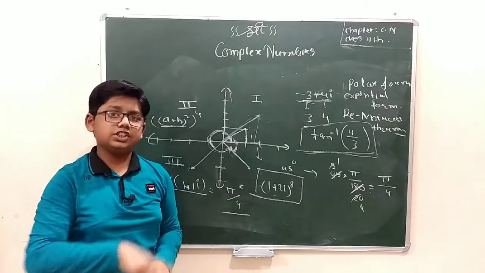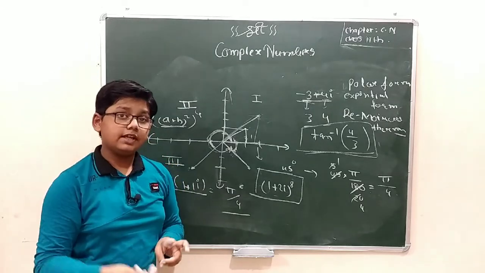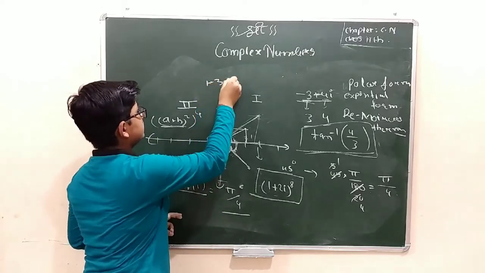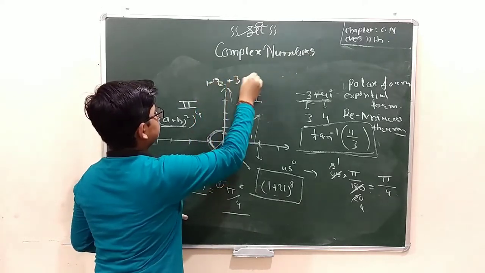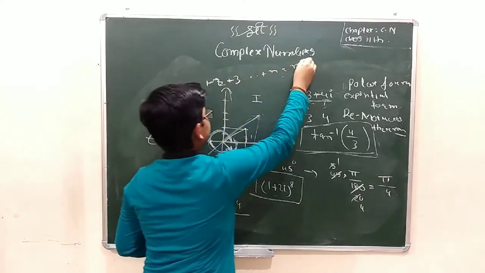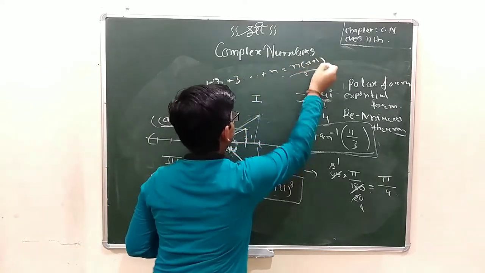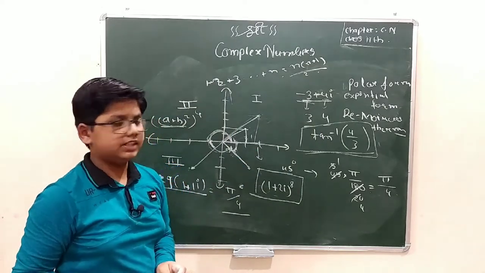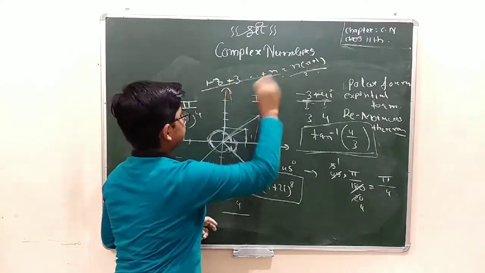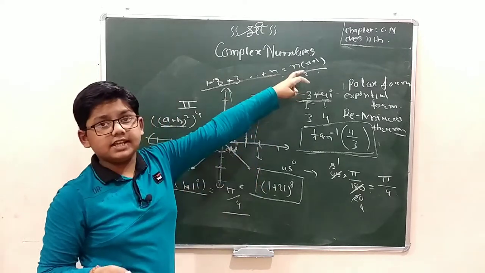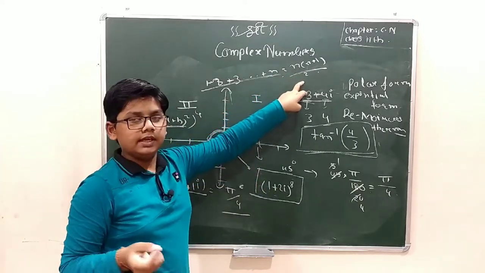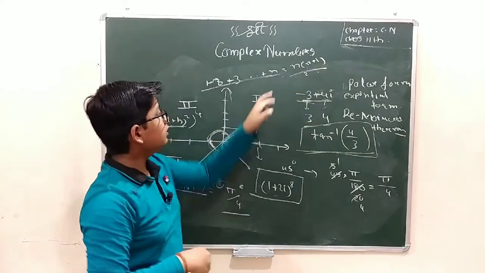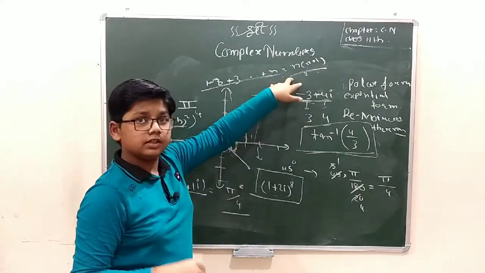Mathematical induction is the method by which we can prove statements like 1 + 2 + 3 + ... + n = n(n + 1)/2. We can't prove it by the general method of taking the LHS and simplifying it, but using the method of induction, we can prove it easily.